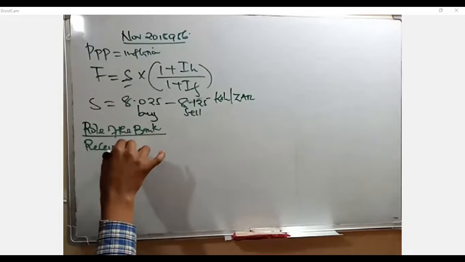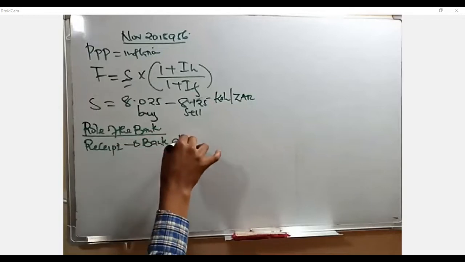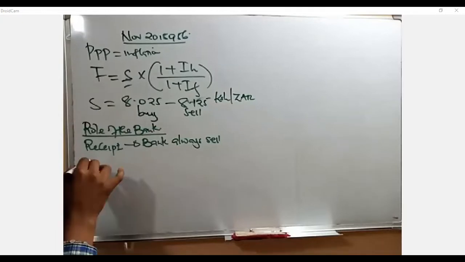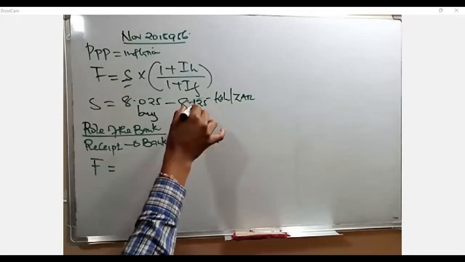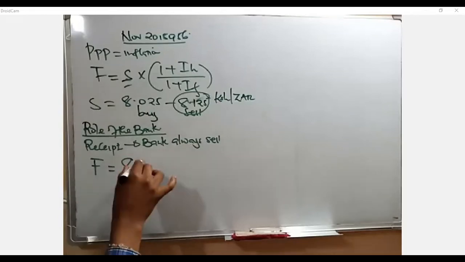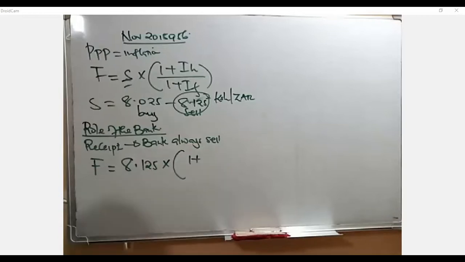A receipt, we say the bank always sells. And in this case, to get my forward exchange rate, I will be using the 8.125 as my spot rate, times 1 plus the inflation rate given in the question for the home currency.